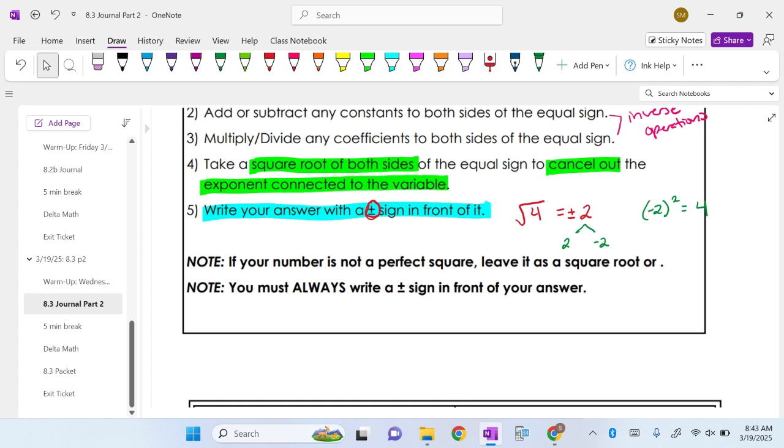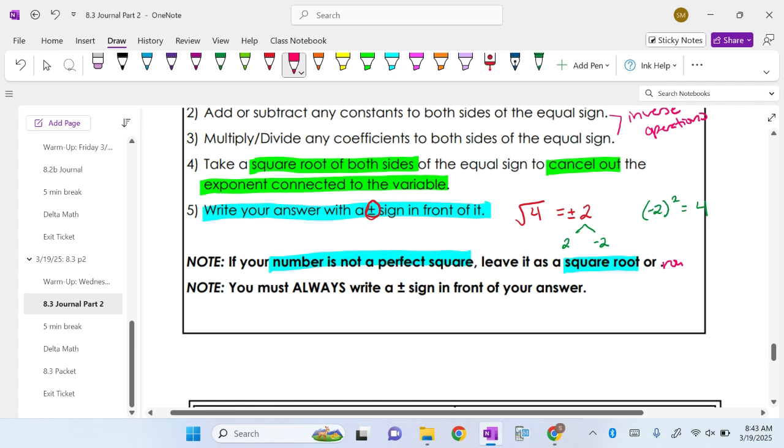All right. Now, a couple things to note. If your number is not a perfect square, leave it as a square root, or round if necessary. So in other words, if it asks you to put it in your calculator and round, you put it in your calculator and round.